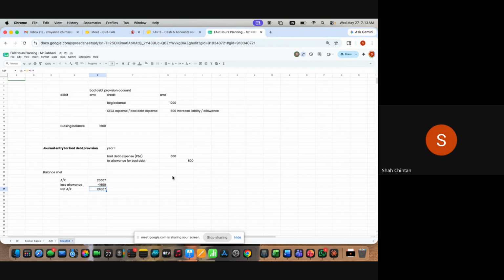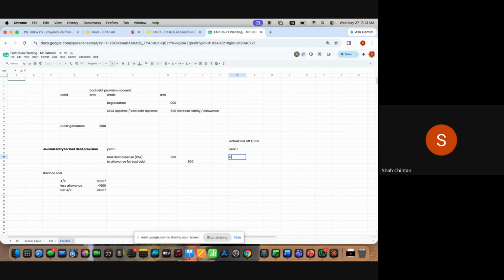Now, hypothetically, you have no business in year 2. Everything is done. You are closing down the business. When you go into year 2, there is an actual loss of, let's say, $1,600. Whatever you provided, customer did not pay actually. Rest of the amount customer paid to you. So what is the entry?